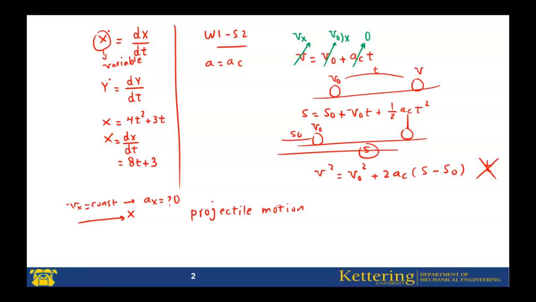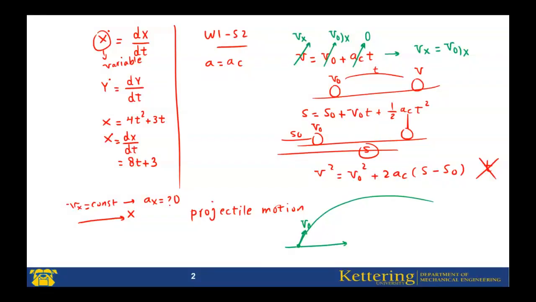From this equation, I can find that the velocity along the x direction for a projectile motion is always equal to the initial launch velocity along the x direction. What does it mean? For a projectile motion, if this one is V0, this is the launch speed or initial velocity.